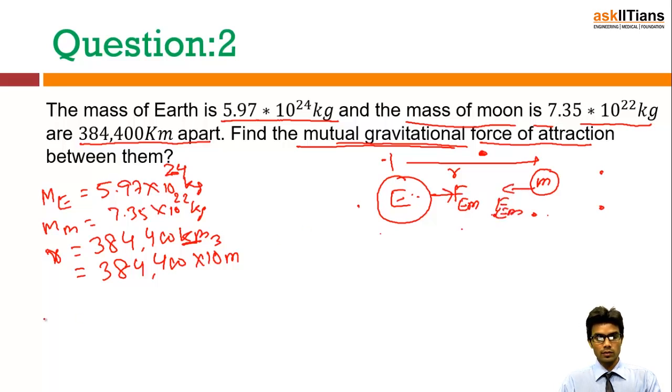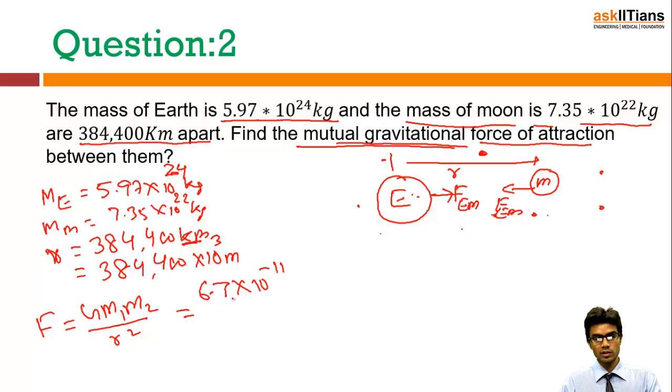So from Newton's law of gravitation, F is equal to G m1 m2 by r square. We can put here the value of G, 6.7 into 10 to the power minus 11.